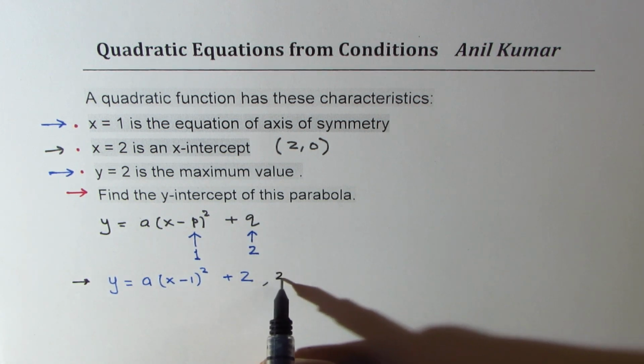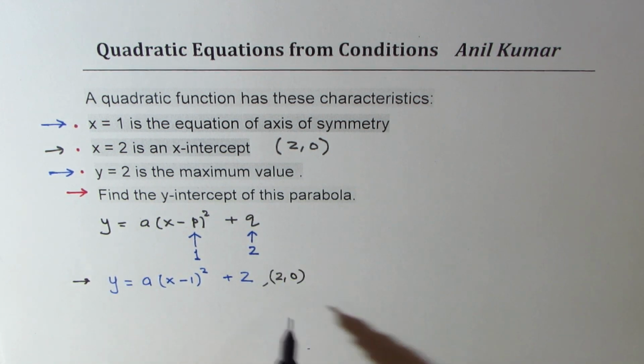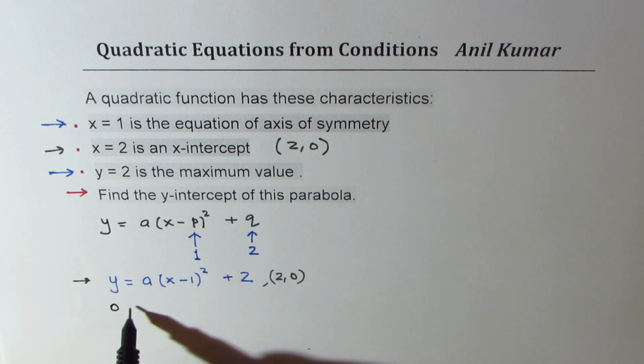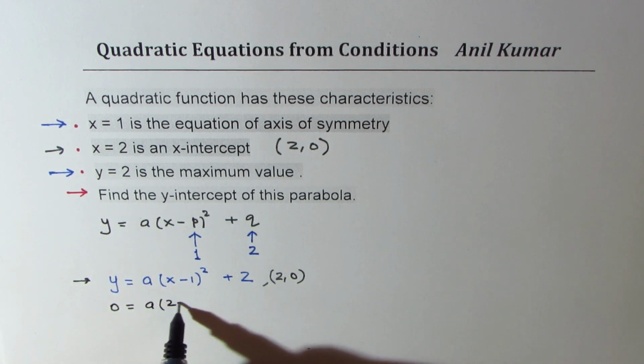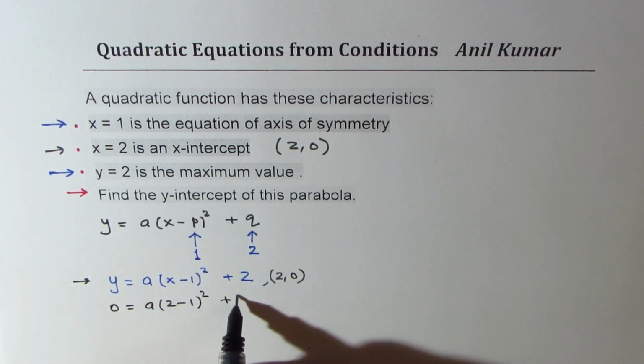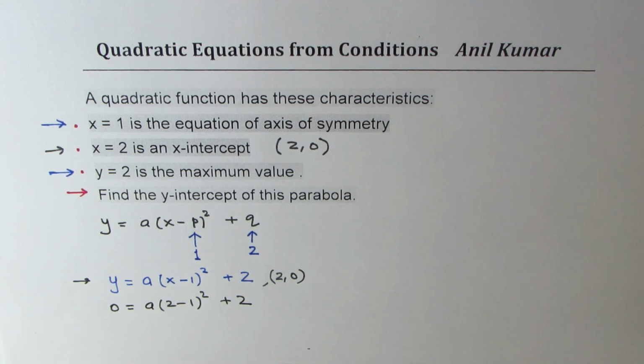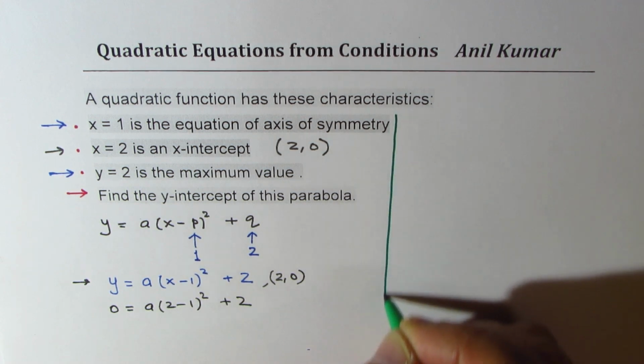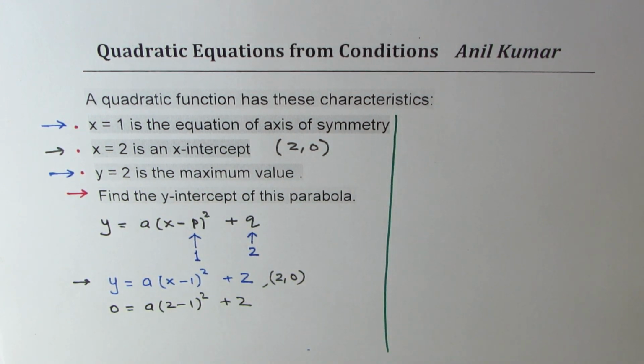If I substitute, I get 0 equals a times 2 minus 1 whole square plus 2. We have to only solve for a to get our equation. Is that clear to you? You can actually pause the video and continue the solution from here.